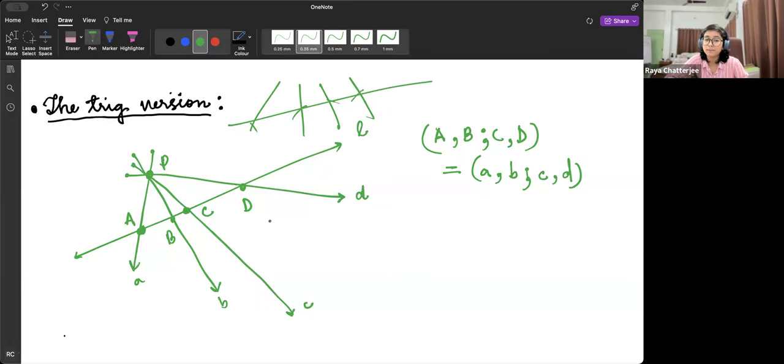And that is another dimension of perspectivity that's going on.